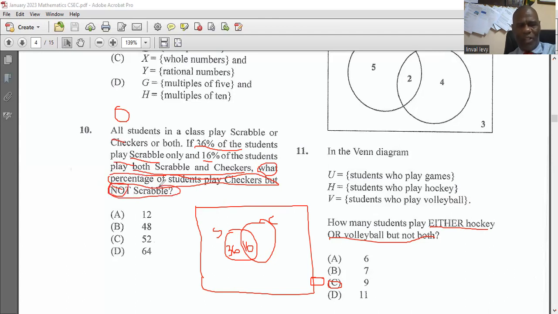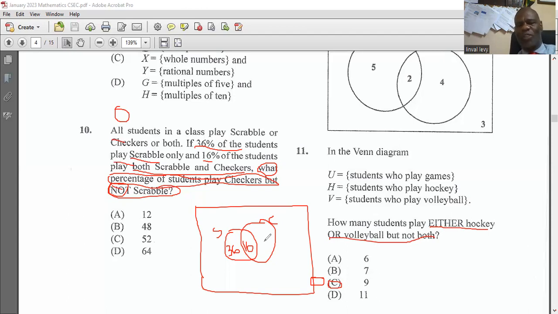What percentage play checkers but not Scrabble? So they want to find out this number of students who play checkers only, right?